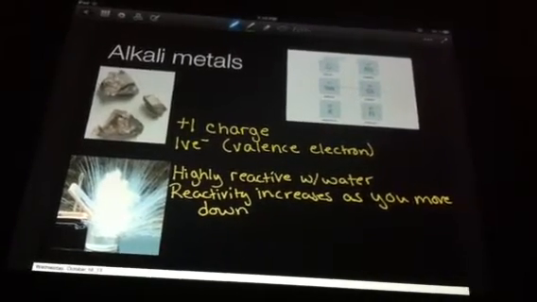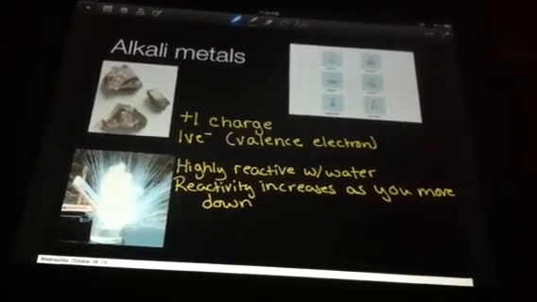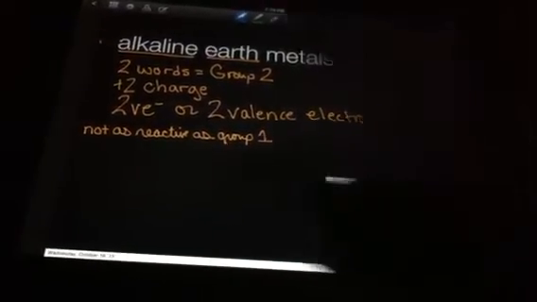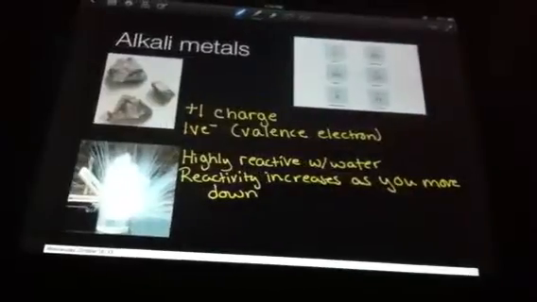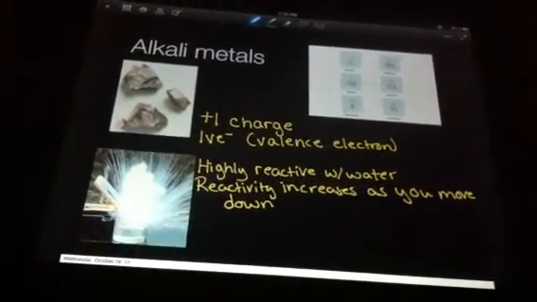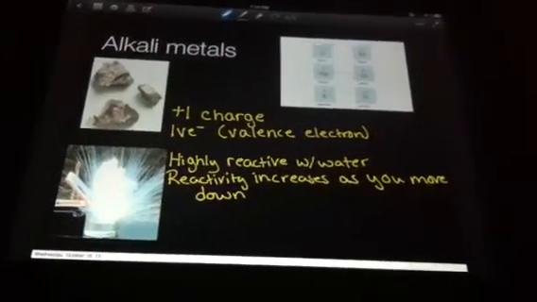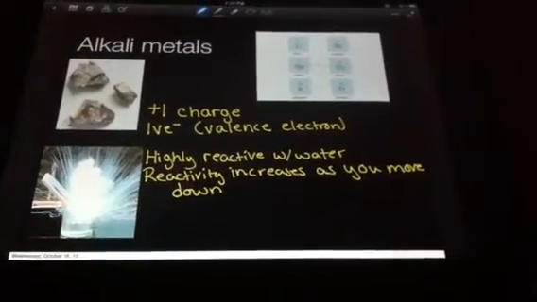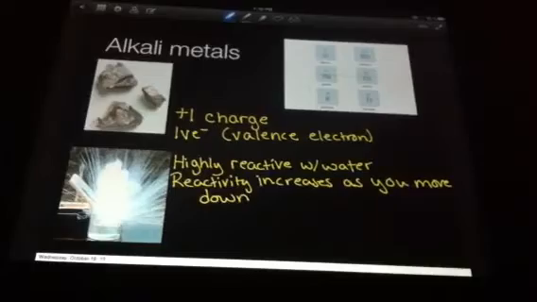So that is a major thing that makes them different. And the reason that those are very reactive is because they have that one valence electron. It's easier to lose 1 electron than gain 7. So they're very happy with losing that 1 electron to gain stability.